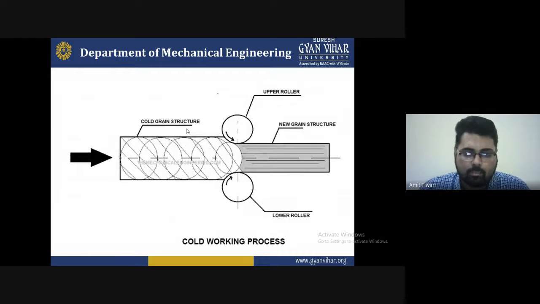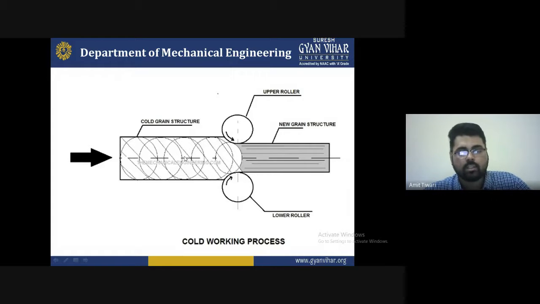As you see in the diagram, a cold working process is shown here. This is a workpiece, with a lower roller and an upper roller. So there are two types of roller, upper and lower. What we do is run the rollers on the surface of the workpiece, upper and lower part, and a new grain structure forms.